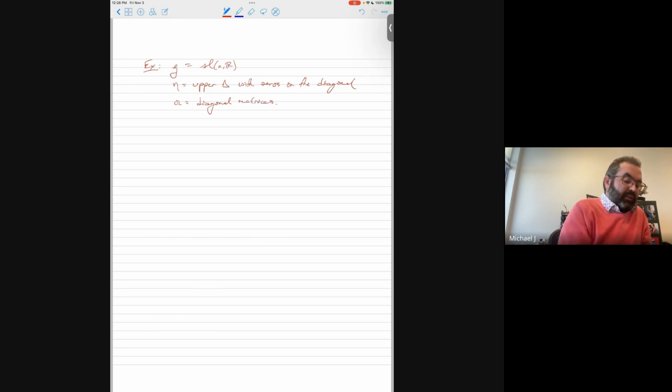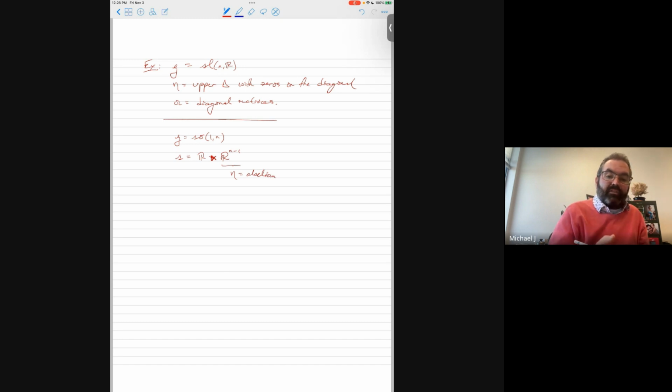If I took another example, if I took G to be, let's say, SO1N, then this S is a semi-direct product. So here the nilpotent part is abelian, and then the way that the A acts on it is by the identity.